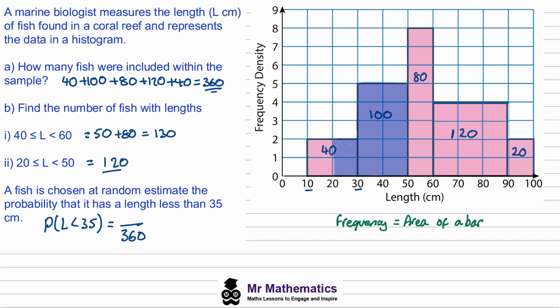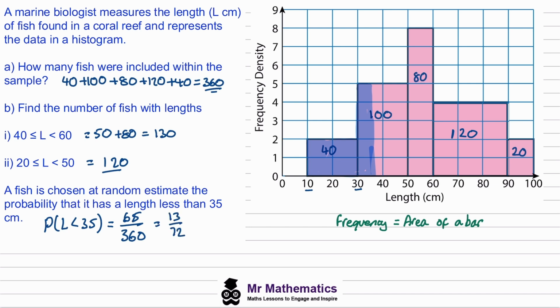So now we just need to work out the number of fish less than 35. We know 35 is a quarter of a way between 30 to 50, and this will be a quarter of 100. So we'll have a 25 here, plus this 40. So we'll have a total of 65 fish. And we can simplify this fraction, and we get 13 out of 72.